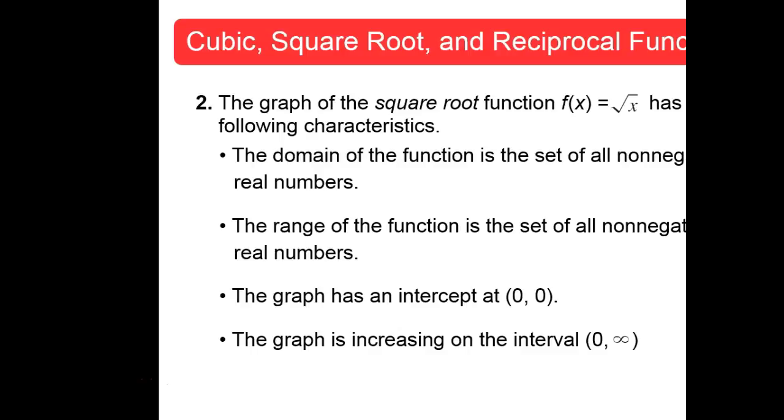So how about its range? 0 to positive infinity again, exactly. Because basically we call this the principal square root, principal meaning positive square root. You have to put a minus sign in there to make it negative. Okay, that's not the function we're dealing with.